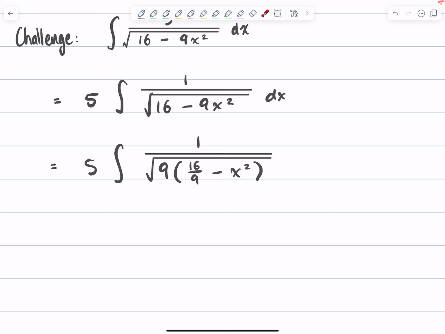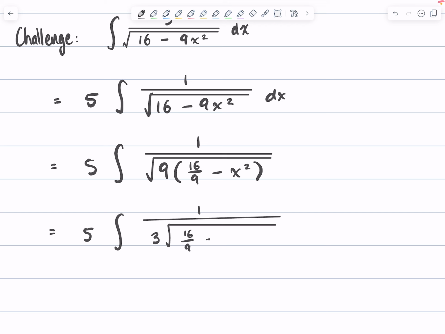This is going to be a nicer one because the square root of 9 is a thing. It's 3. So I can just pull that outside the square root now. 1 over 3 times the square root of, and then what I had on the inside, 16 on 9 minus x squared. These are both dx, of course. The square root of 9 is 3, so that's come out.